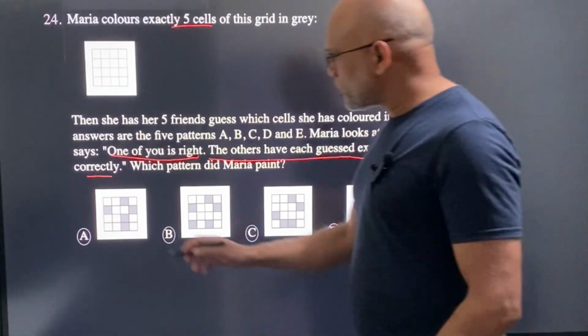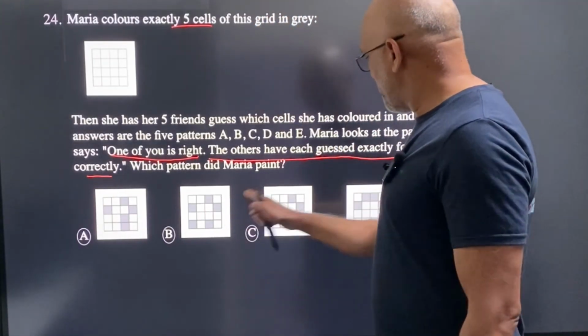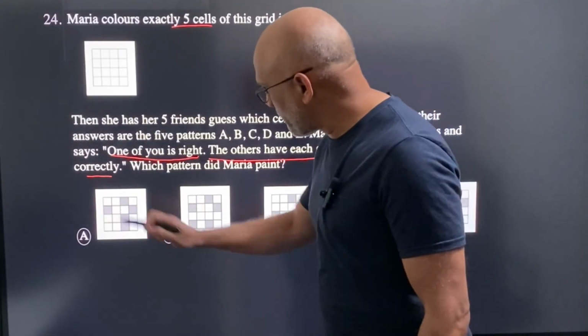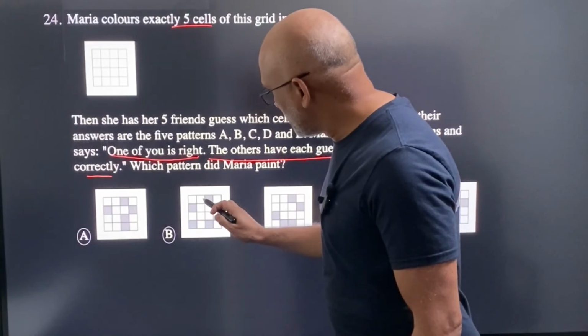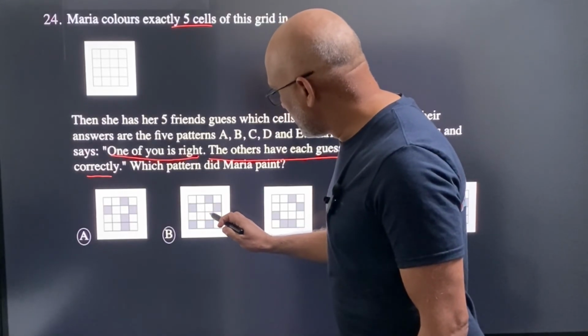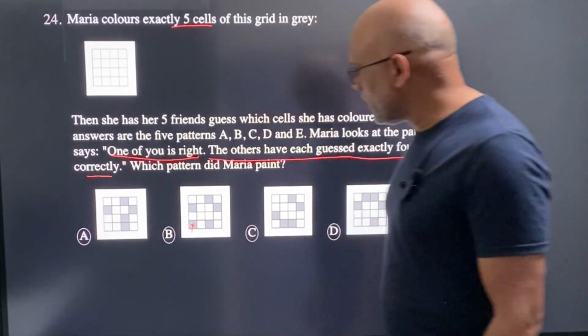Alright, so we can start assuming that Maria painted A and then check with B, C, D, and E. So let's say Maria painted A. Then if we check B, this is correct, this is correct, this is correct, this is correct, this is wrong. So B has only 1 cell wrong, which is good.